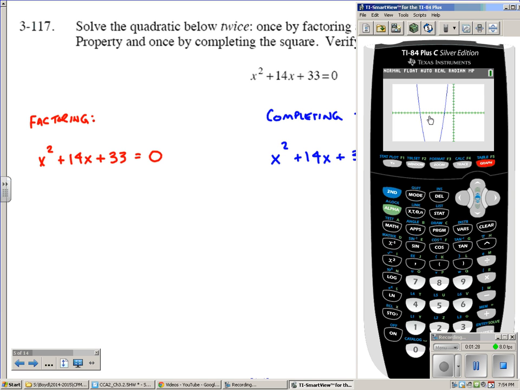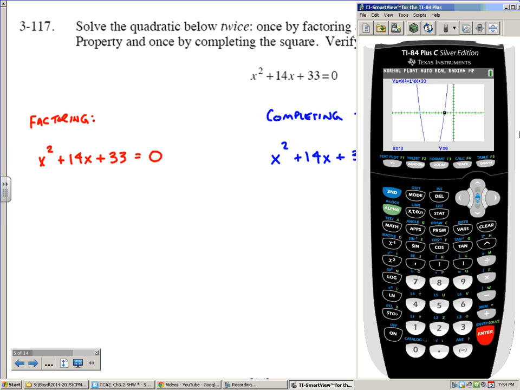We're just interested right now in our intercepts. When we're at -3 on our x, boom, that's one of our solutions. So one of our solutions is going to be -3, because that's where it crosses the x-axis.